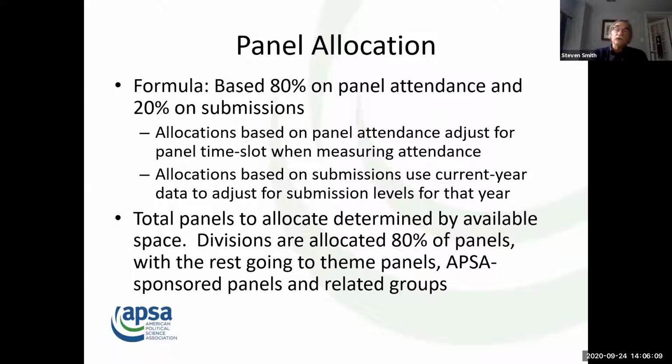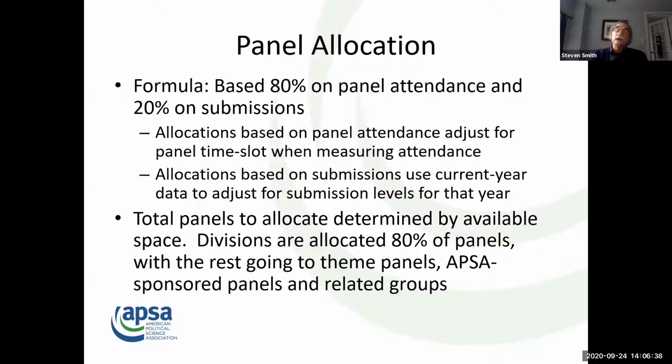But we will use current year submission data. So that means that when the submission deadline closes in January, we will look at the number of submissions that each division gets. And if you get an unusually large number of submissions, that can essentially result in you getting what might be called a bonus allocation.